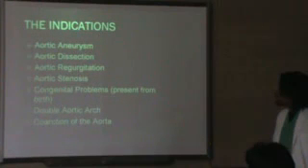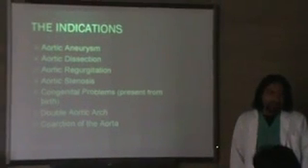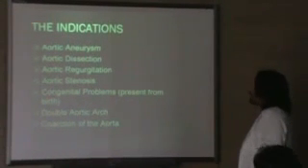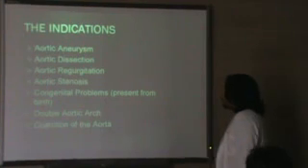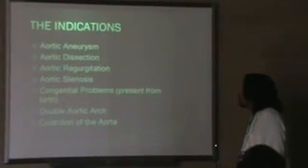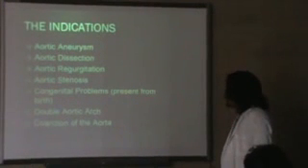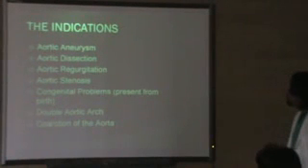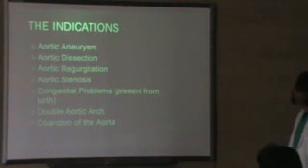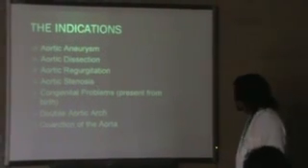And the dissection is small lesions or tears in the aorta, and that's bad. And the rest are not so common. But regurgitation, all that means is that the blood flows backwards into the valve. And stenosis is the narrowing of the valve, which constricts blood flow.